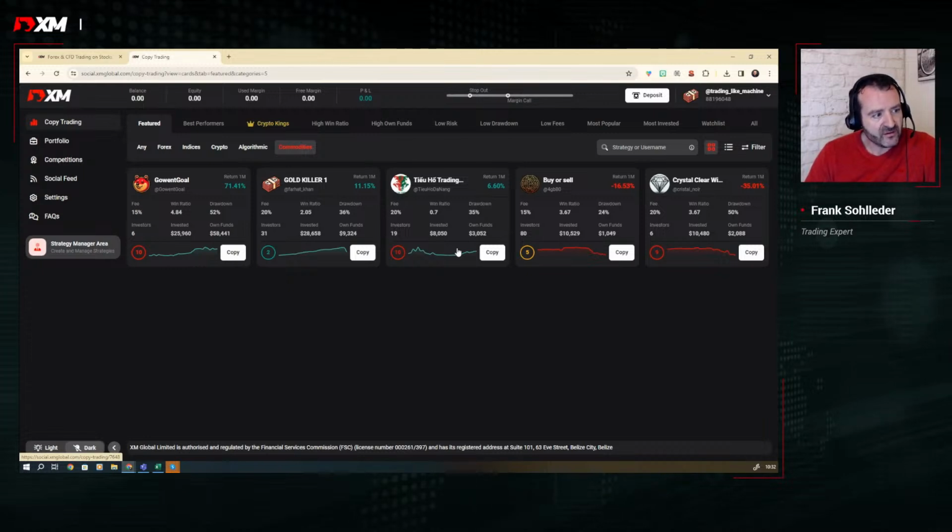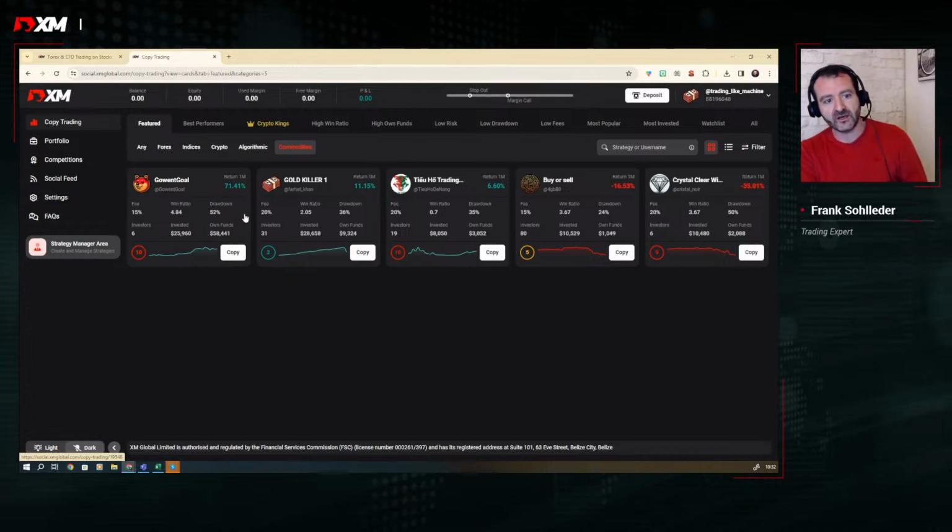So we have 15% here, and this could maybe be interesting. Gold, with 15%, six investors so far, invested money is relatively high, own funds are relatively high as well. That means it could be a solid one. He might be taking care of the drawdown as well, whereas 50% is really a lot. But let's look at it.